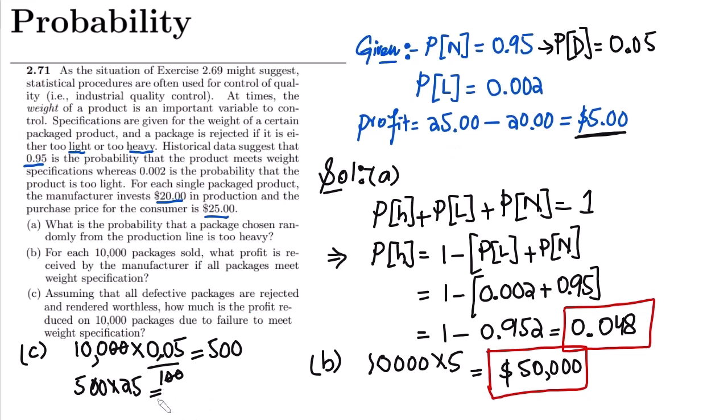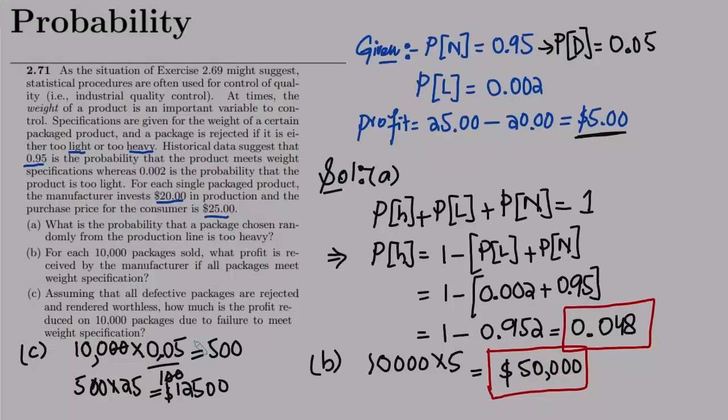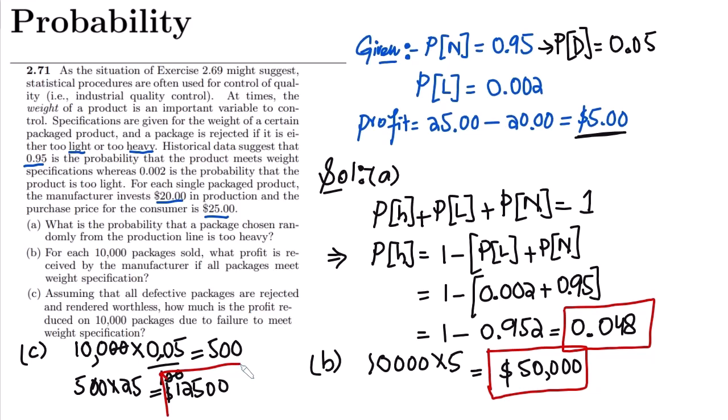So 25 multiplied by 500 would be $12,500. That is the cost which will be reduced from this 50,000 if we get the defective items according to the probability which we have found out here.